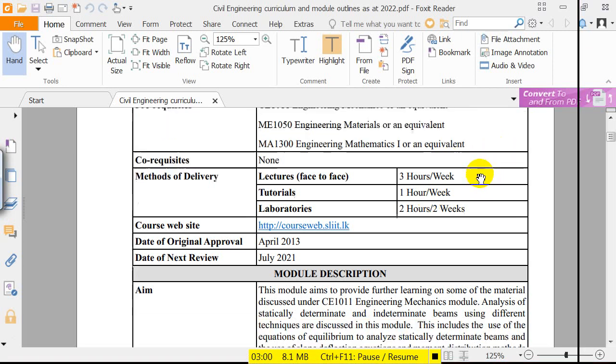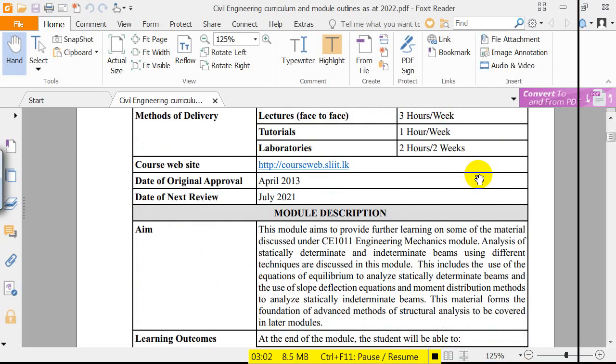As you have seen on previous occasions in your first year, there is an aim for each of these modules. This module aims to provide further learning on some of the materials discussed under C1011 Engineering Mechanics.